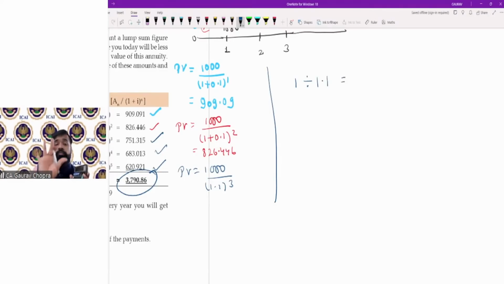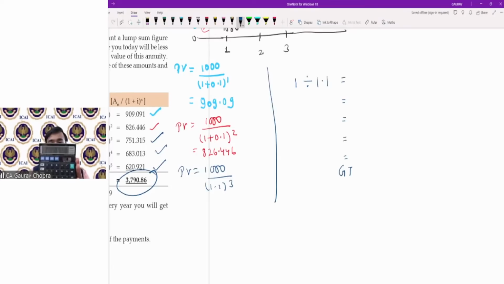How many times? 5 times, because it is 5 years. So 1, 2, 3, 4, 5. I have done 5 times. Now what we have to do? Press GT button. So there is one GT button on your calculator. After pressing GT, you will get this figure.